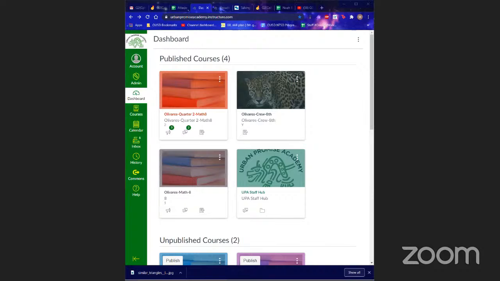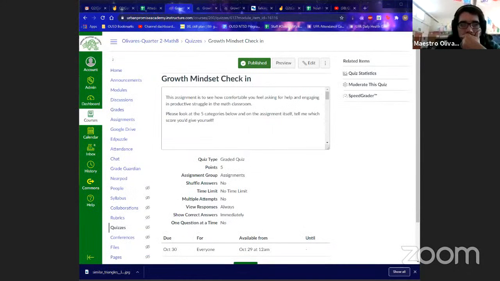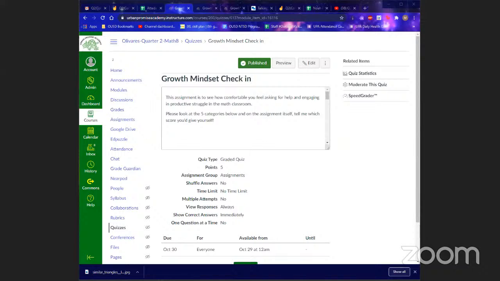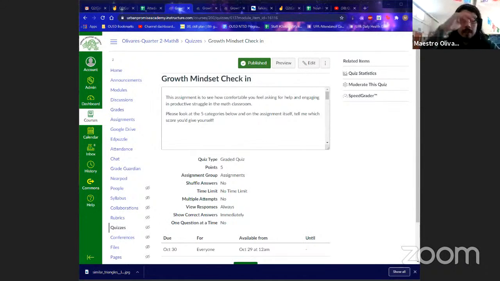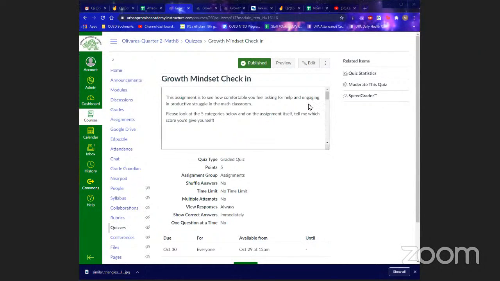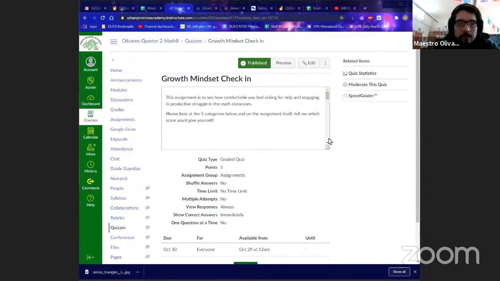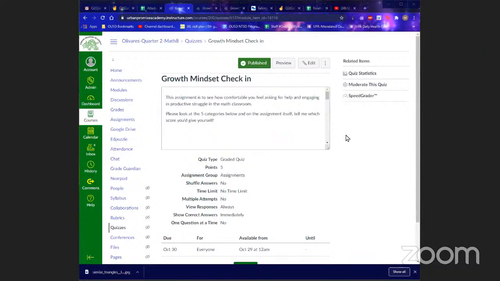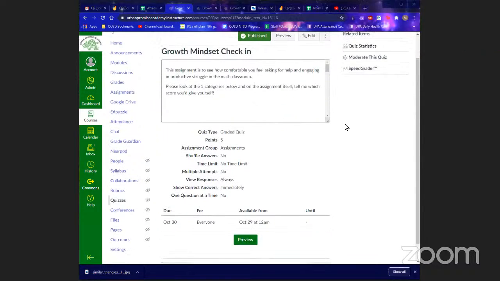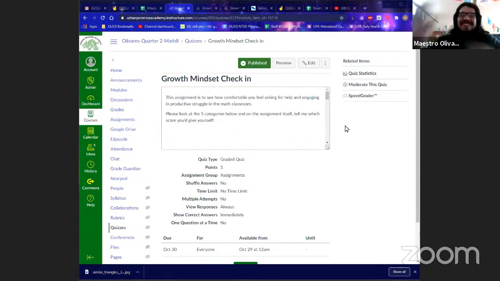Wait, what about now? Can you see it? Yeah, we can see it. I guess it has to be on this screen and not on the other screen. Maybe you're lagging.